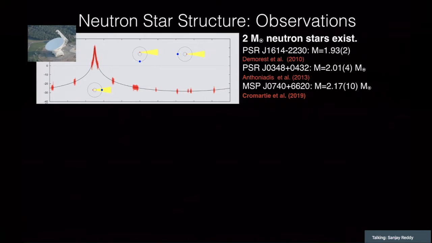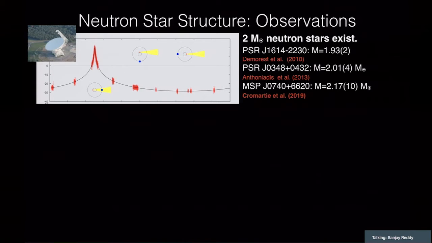So, for example, there is this pulsar J1714-2230. That's a neutron star white dwarf binary, in which they measured a neutron star mass of 1.93. There are other neutron star white dwarf binaries where they've measured larger masses.